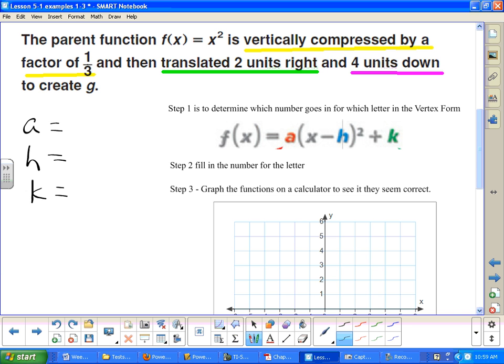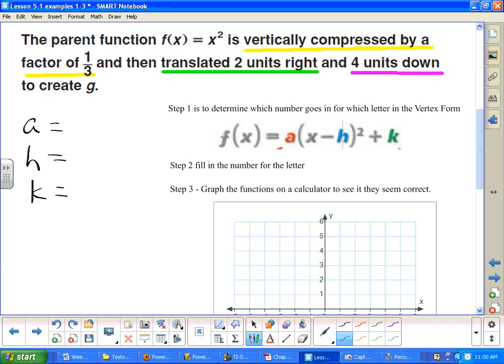So always, A talks about the vertical stretch, or what happens vertically as far as stretching, compressing, or reflecting. H talks about any horizontal movement, left or right. And K is our vertical movement or translation, up or down. So what's the value of A in this case?